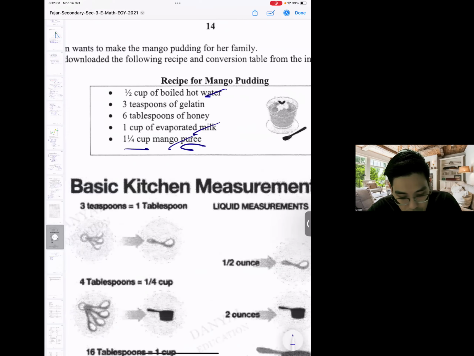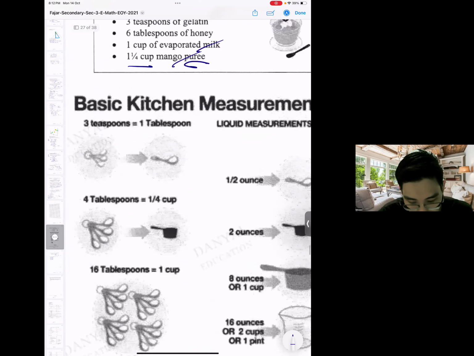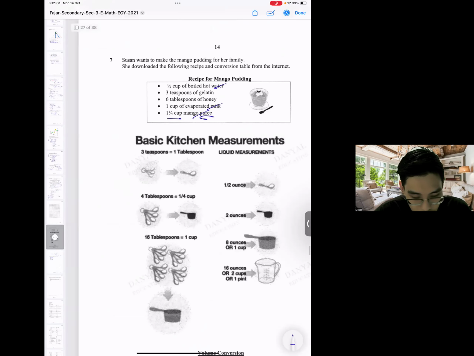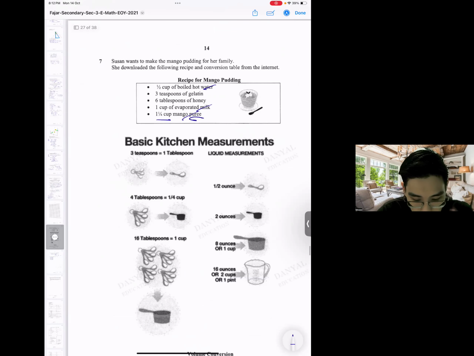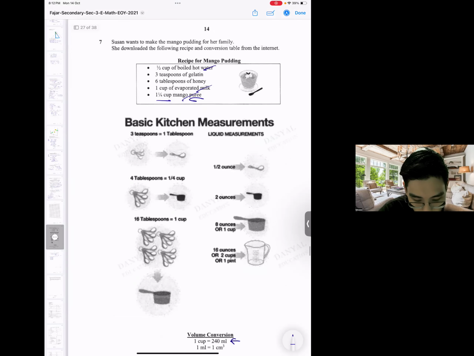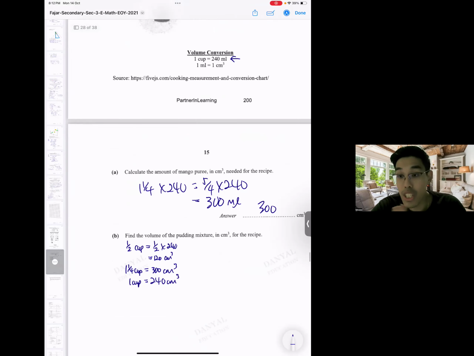Then we have 3 teaspoons. Okay, so 3 teaspoons is 1 tablespoon. 4 tablespoons is 1/4 cup. 16 tablespoons is 1 cup. So we're going to do some conversions.